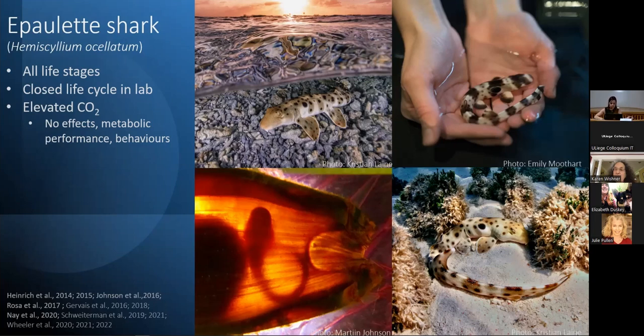These species like to and very much need to hide. And we also know that they are extremely hypoxia and even anoxia tolerant as well, which makes sense given the coral reefs that they live in that experience diurnal changes in both CO2 and oxygen.